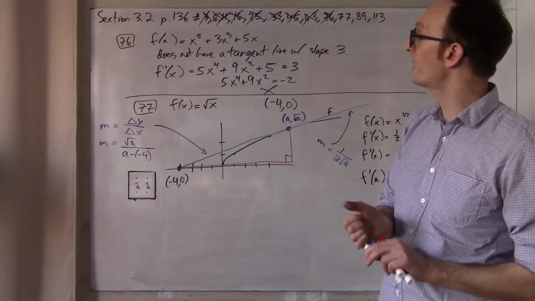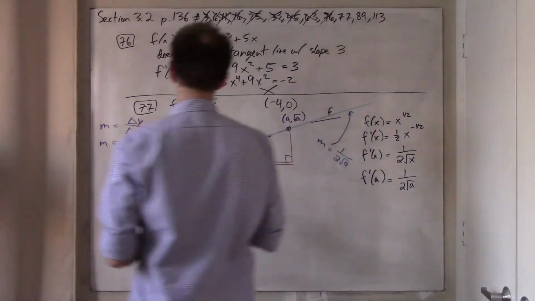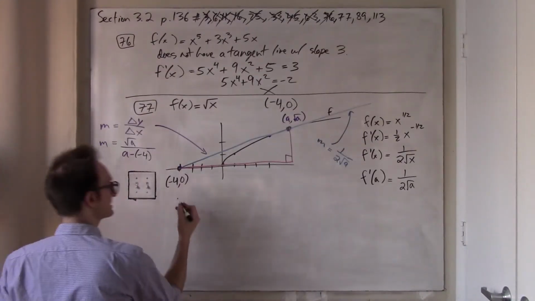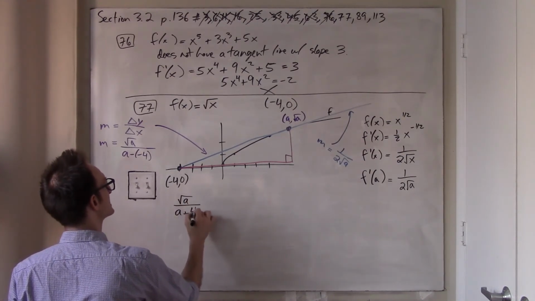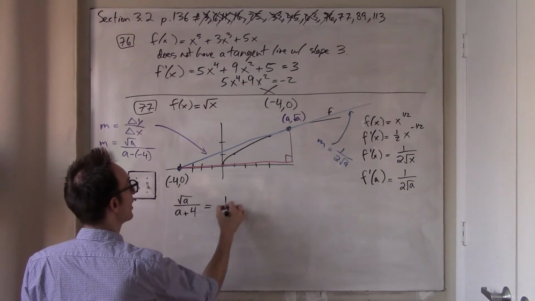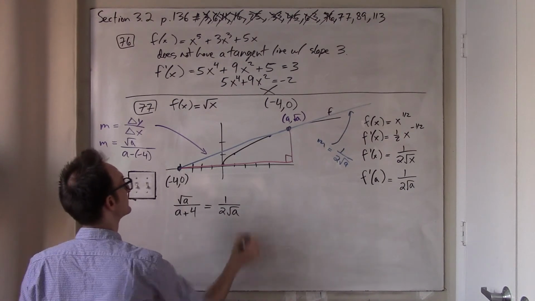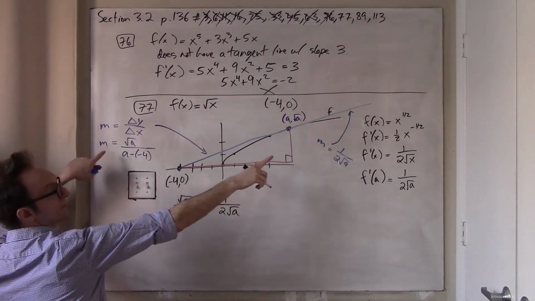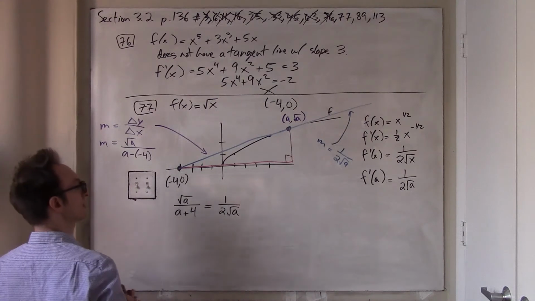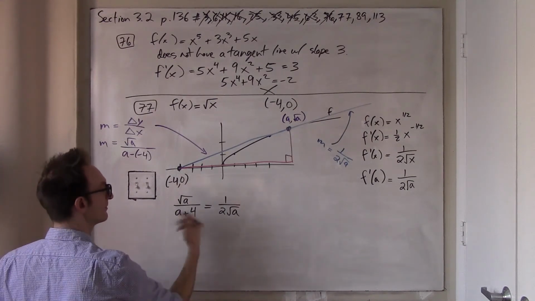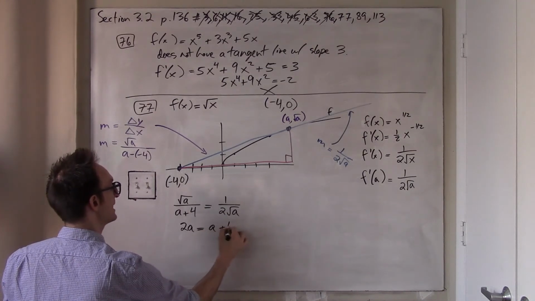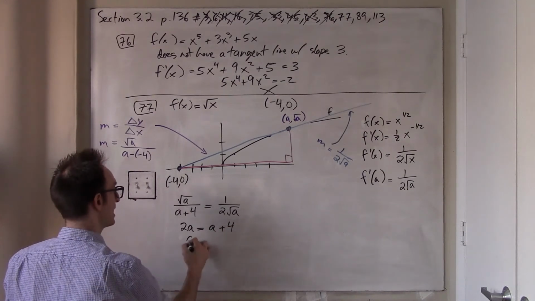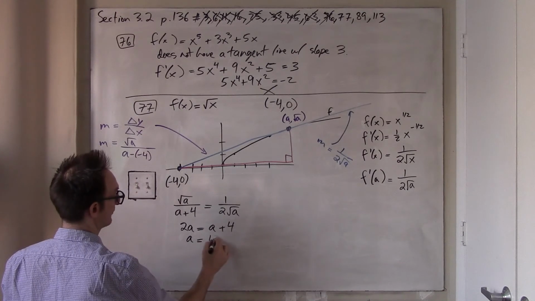And therefore, what is this point A? It's whatever point satisfies the equation root A over A plus 4 equals 1/2 root A. So I set these two different calculations of the slope equal to each other. This to me is the clearest way to do this problem. I cross multiply, I get 2A equals A plus 4, and so A is 4.